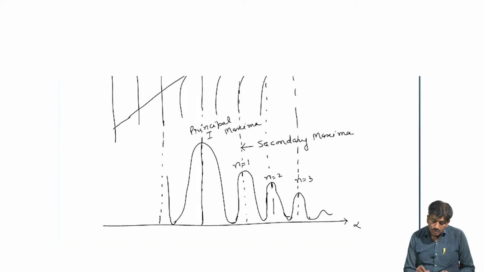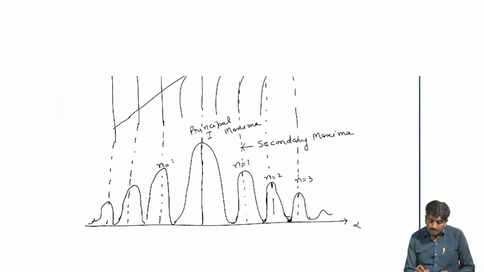this is first order secondary maxima, second order, third order. On the left side also, n equal to 1, n equal to 2, n equal to 3.